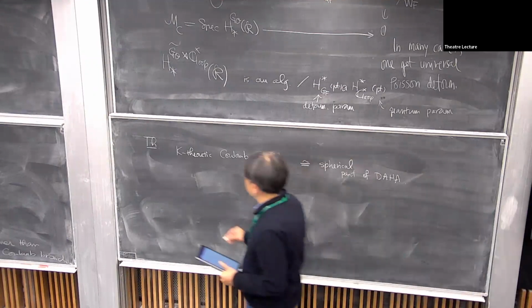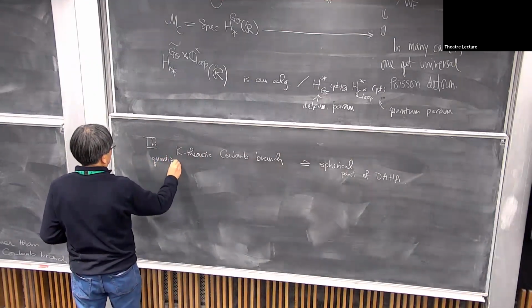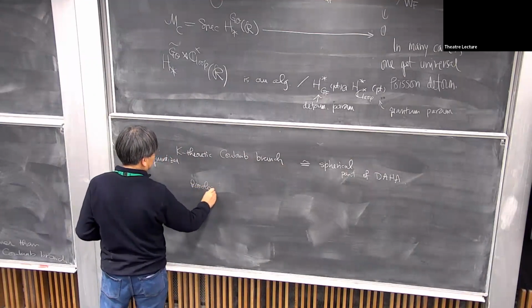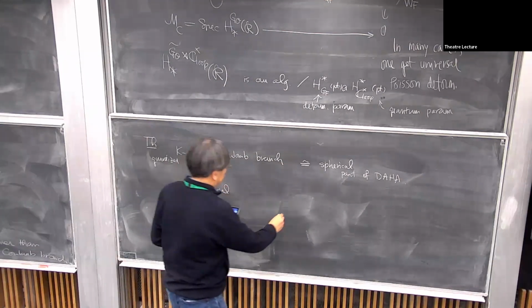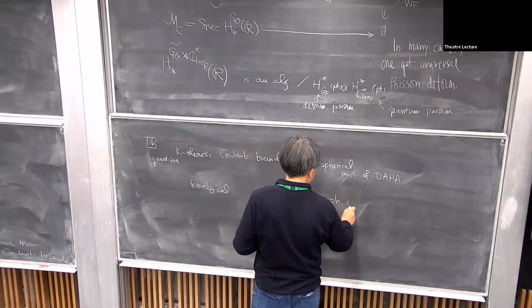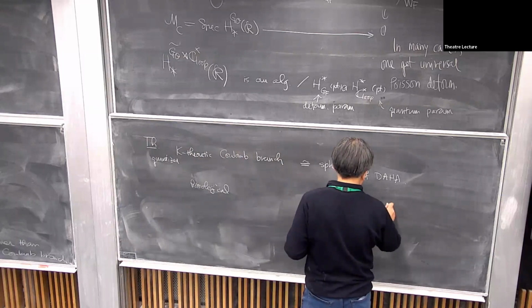And is quantized. And if you just replace homological one, then this is some of it spherical part of trigonometric graph.